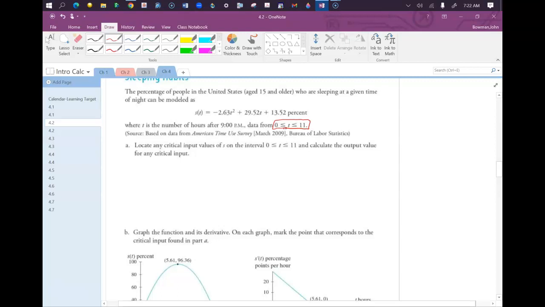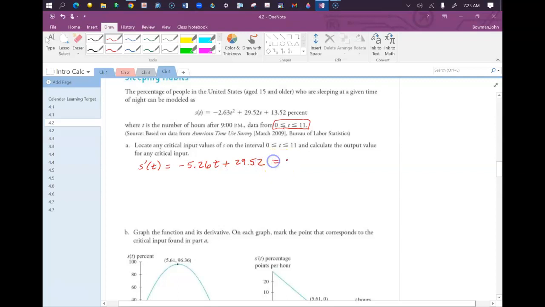Locate any critical input values of s on the interval from 0 to 11 and calculate the output value for any critical inputs. So s prime of t is the first thing we're going to find, and that is negative 2.63 times 2, which is negative 5.26 t plus 29.52.